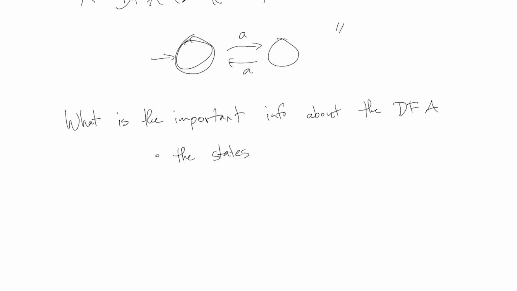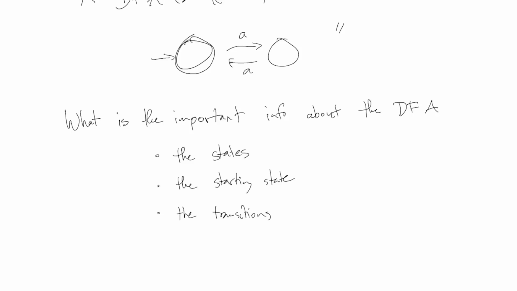There's a few other important ingredients. Where it starts. Okay, there is a designation of the starting state. Great. What else? The transitions, yeah, those are the arrows.